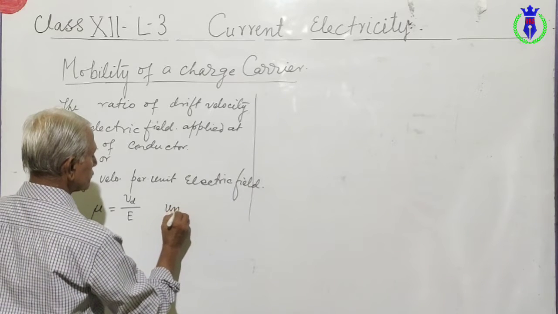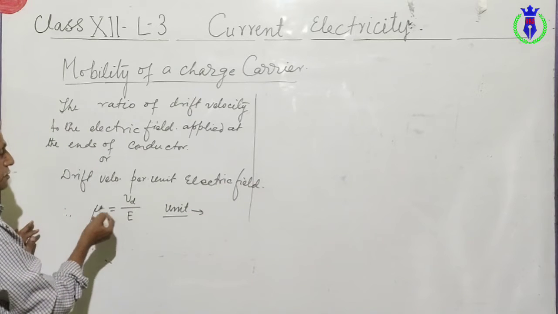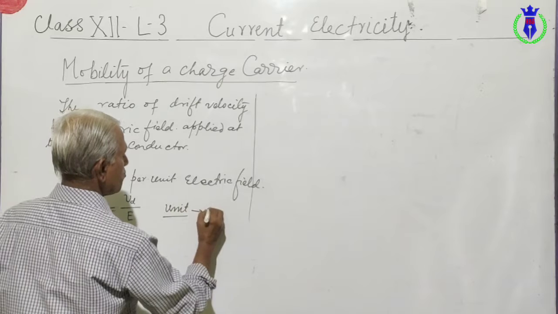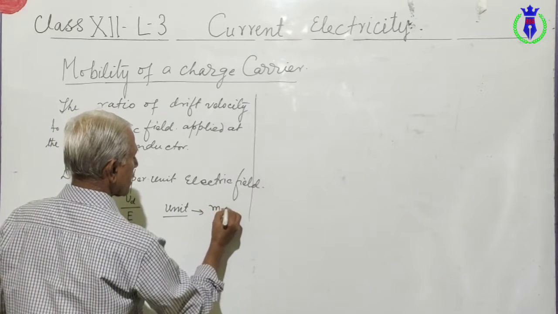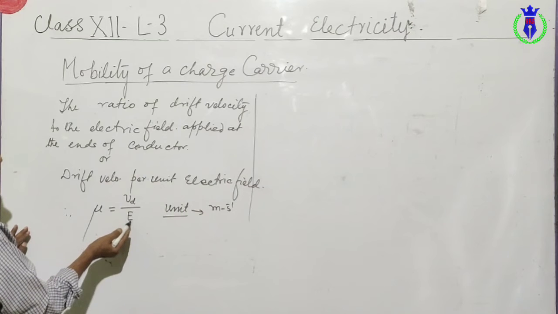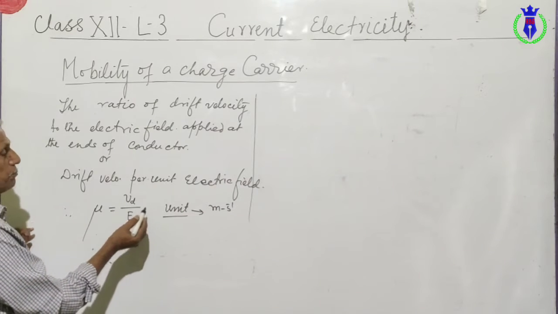The unit of mobility: Vd is meter per second and E is Newton per coulomb.